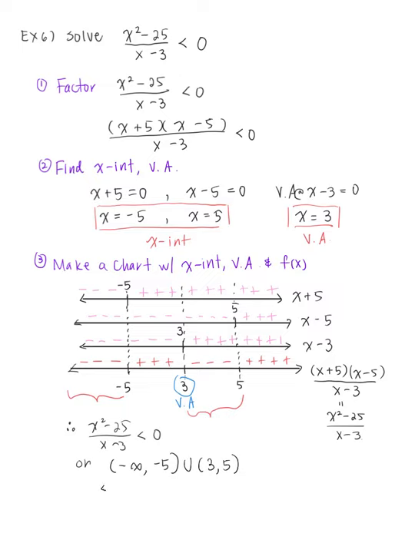Now if you want to put this on the graphical solution set, here's your negative 5 and 3, 5, so negative infinity here, positive infinity there. So you're going to have negative infinity to negative 5, so that will be here, and then 3 to 5. Here we go, and that's going to be our answer.